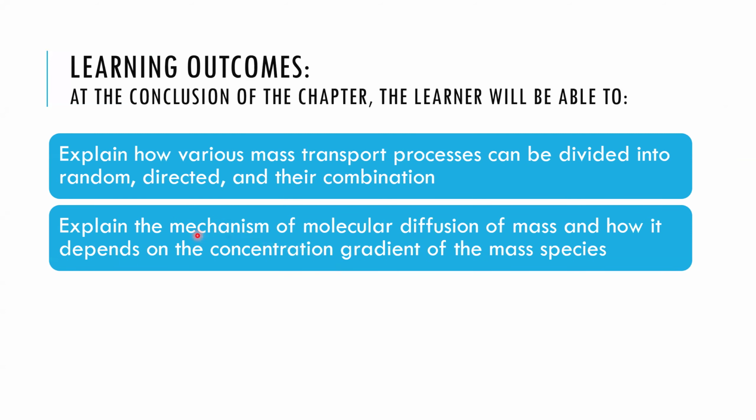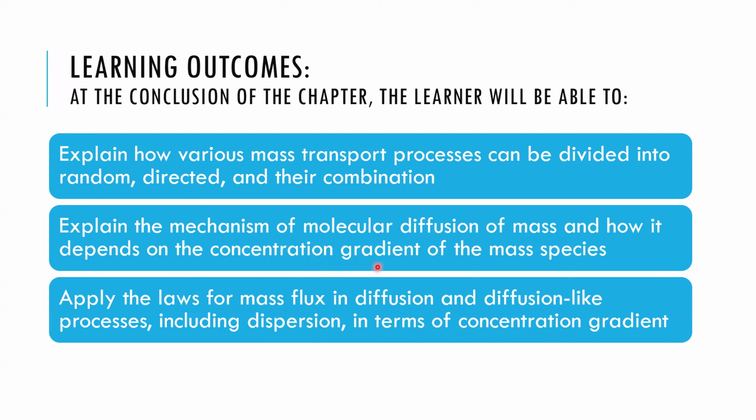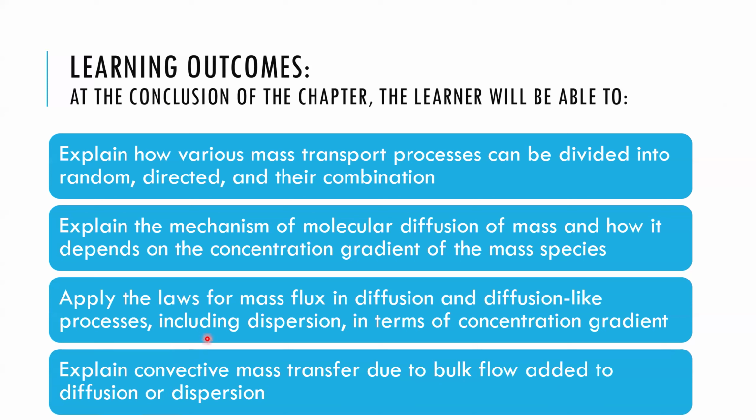Then we will get into a lot more detail in terms of the mechanisms of molecular diffusion of mass and how it depends on the concentration gradient. And then apply the laws of this mass flux in diffusion and diffusion-like processes. So for example, dispersion. It doesn't always have to be molecular diffusion. And then explain convective mass transfer.